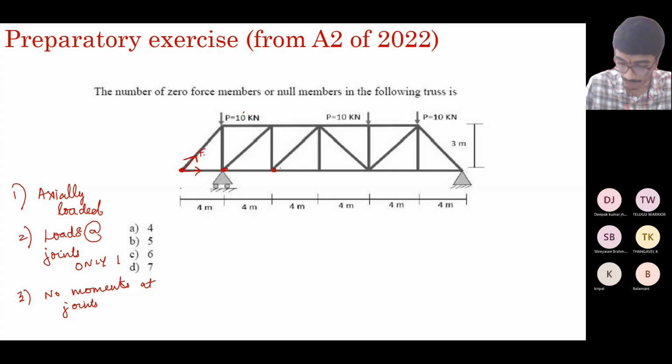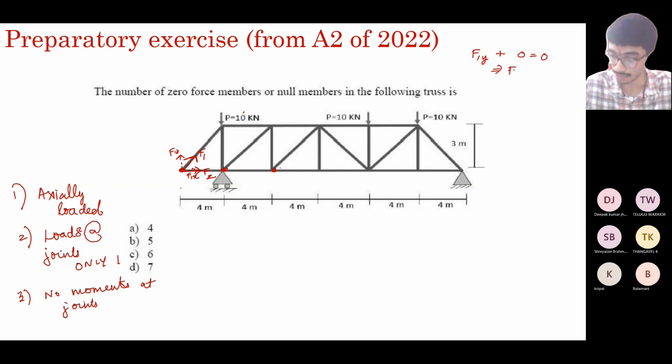If you call this F1 and call this F2, we can resolve this force in the two directions as F1y and F1x. So in this case, what do you get? F1y plus F2, which doesn't have a vertical component, equal to 0, which means F1y is equal to 0.